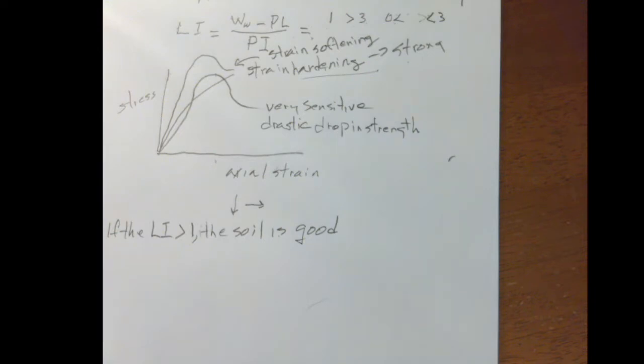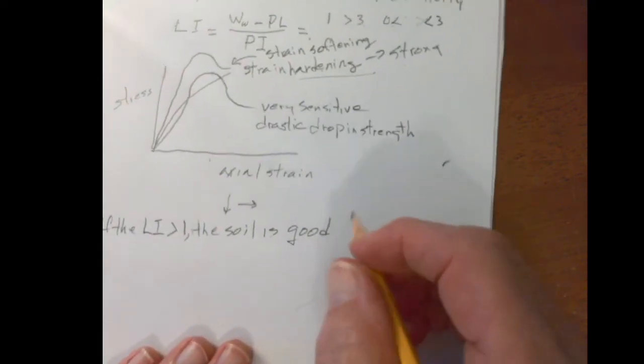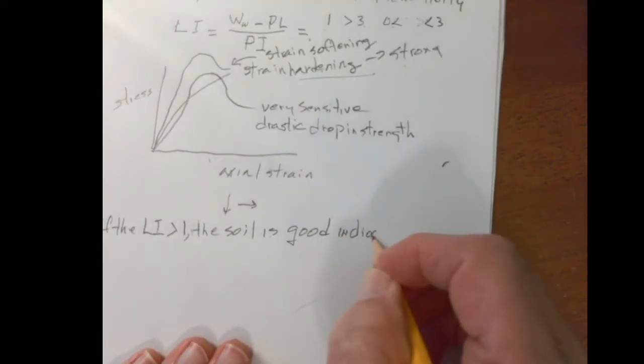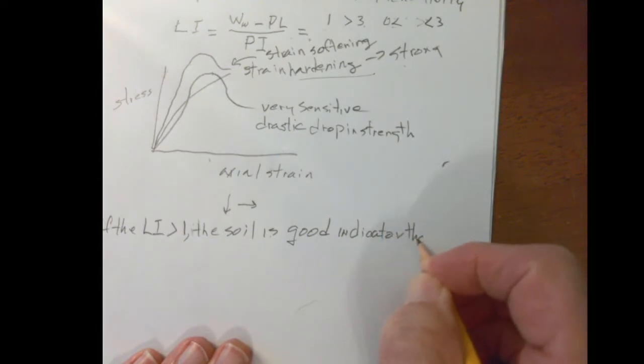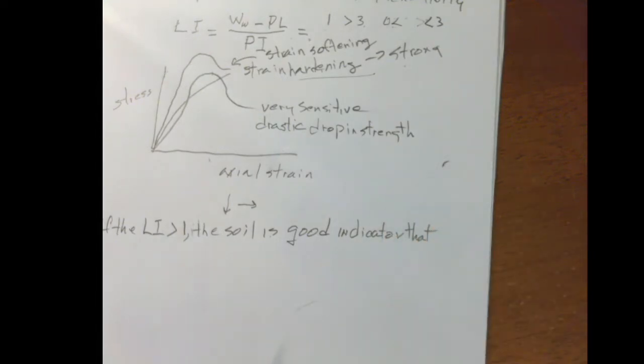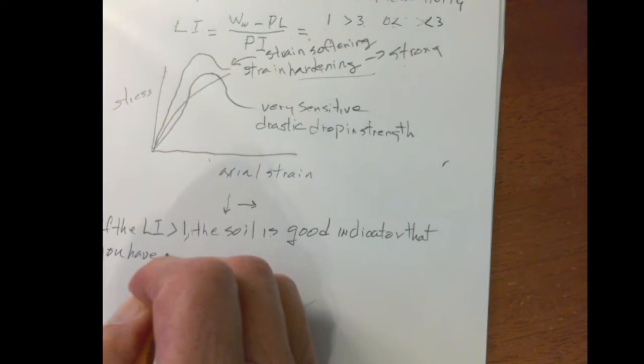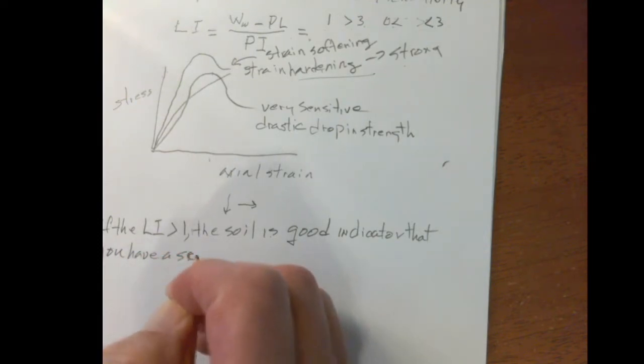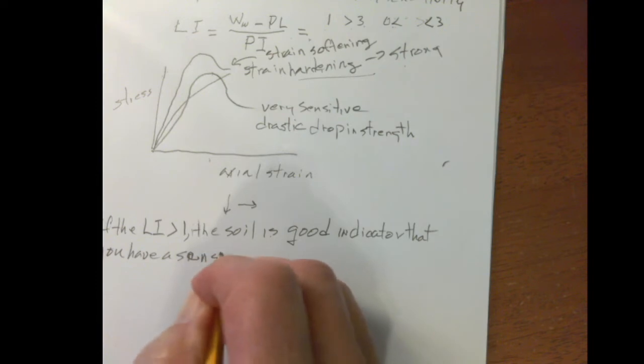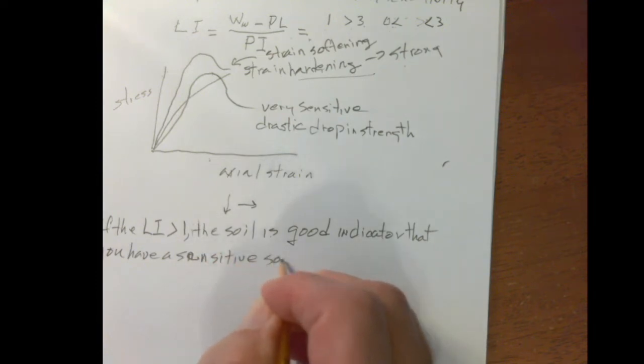I'm sorry, I got this wrong. If the liquidity index, I jotted this down, is greater than 1, it's not good soil, it's a good indicator that you have a sensitive soil.